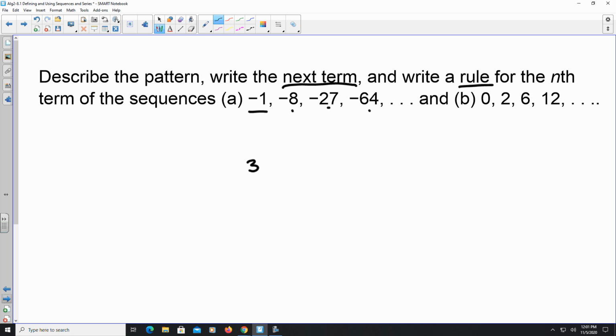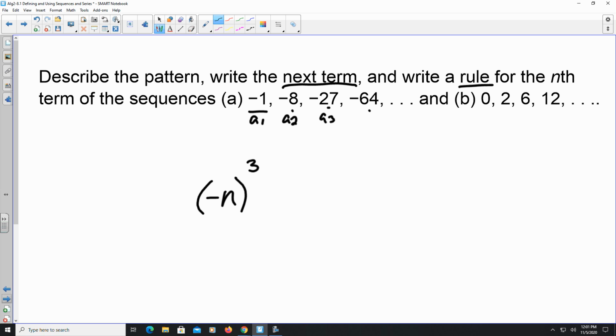Now, because it's negative, I believe there's going to be a negative portion of this value. And since this is my a sub 1, this is my a sub 2, this is my a sub 3, I believe it's going to be negative n to the third power. So that is going to be my rule, negative n to the third power.